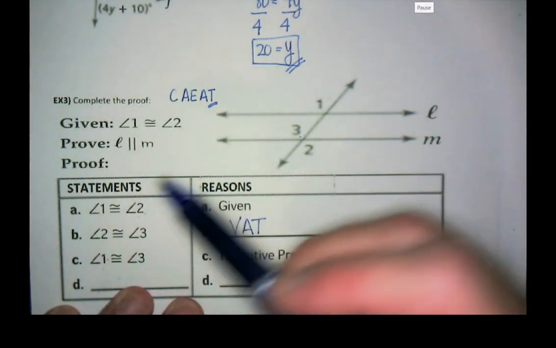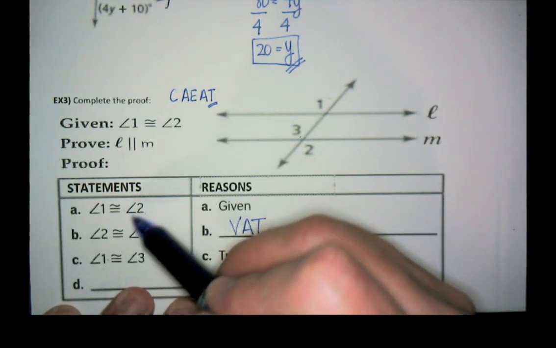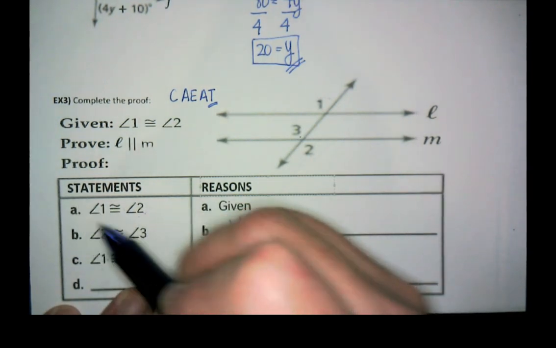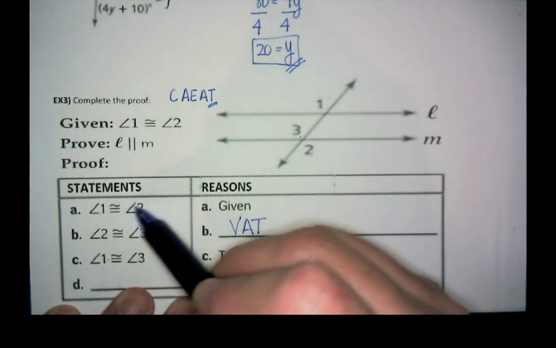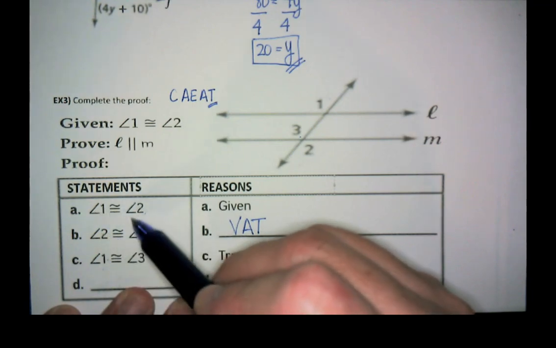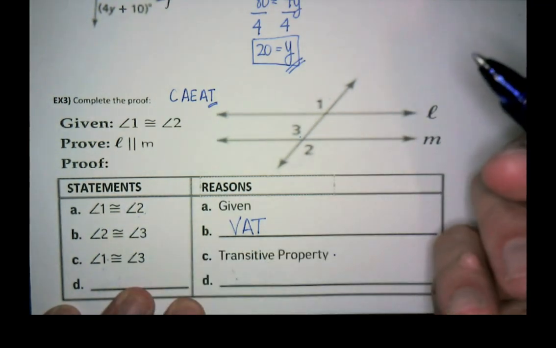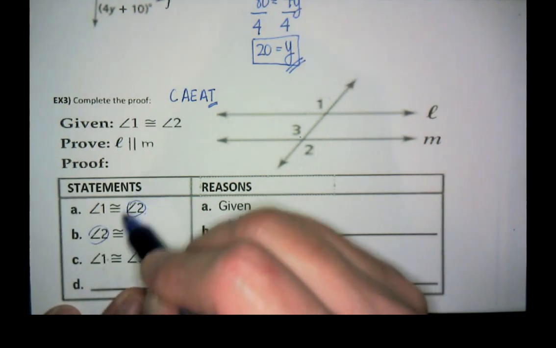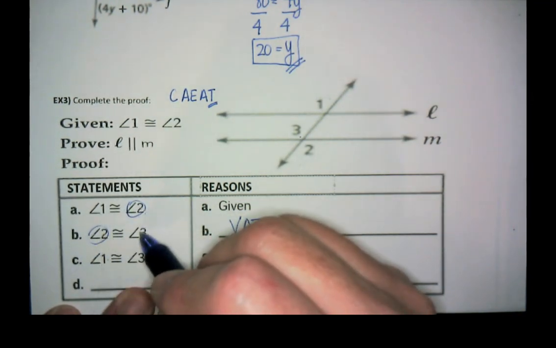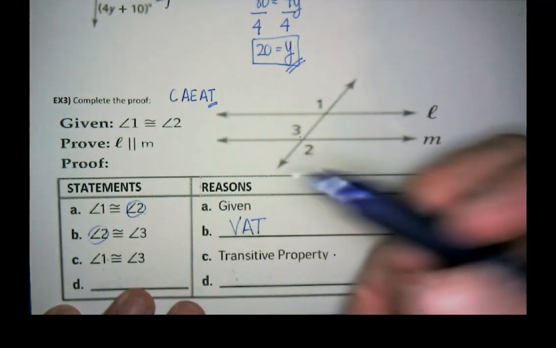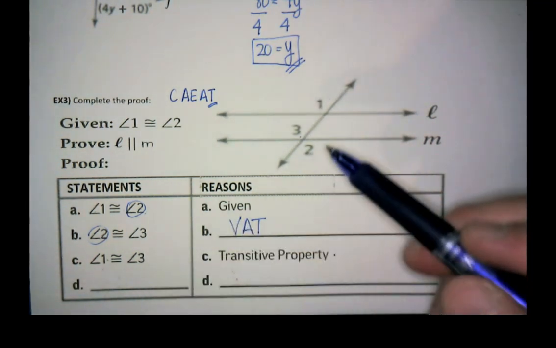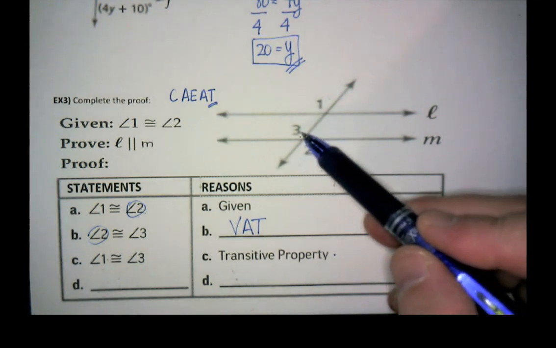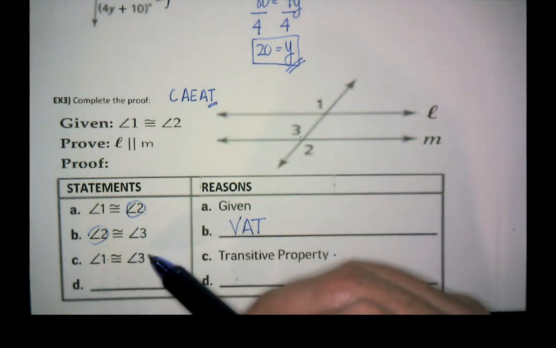And so now we have angle 1 is congruent to angle 2, angle 2 is congruent to angle 3, and in geometry we have something called the transitive property that basically says if 1 equals 2 and 2 equals 3, then I can conclude that 1 and 3 are the same. So basically the first equals the second equals the third, then the first equals the third. Okay, and that's what is called the transitive property. So basically I've shown that angles 1 and 3 are congruent.